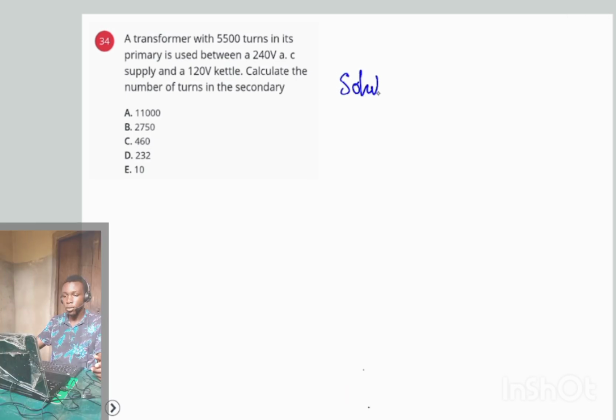Solution. We have the voltage in the primary coil over the voltage in the secondary coil is equal to the number of turns in the primary coil over the number of turns in the secondary coil.